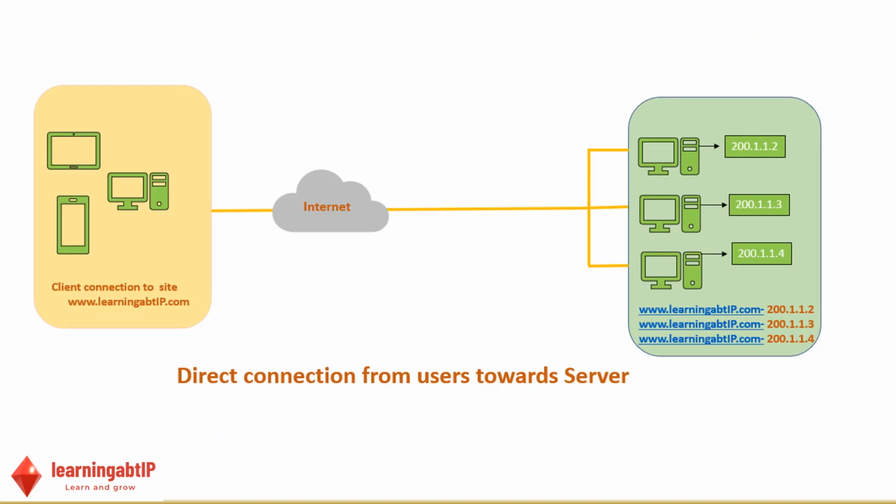Okay, so let's try to understand by an example what issues we may have when an F5 load balancer is not in the network. In this example, users are trying to access the web server learningaboutip.com. All three servers are mapped to the learningaboutip.com website. The client requests learning about IP and its DNS server replies with the first server IP address, that is 200.1.1.2. When the next client requests the website, its DNS server replies with the next server, that is 200.1.1.3, and so on.